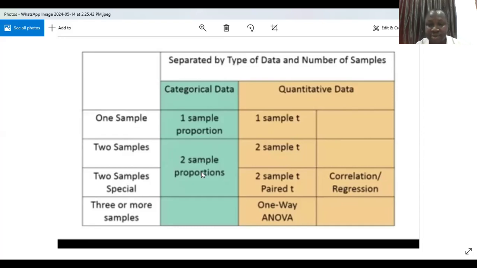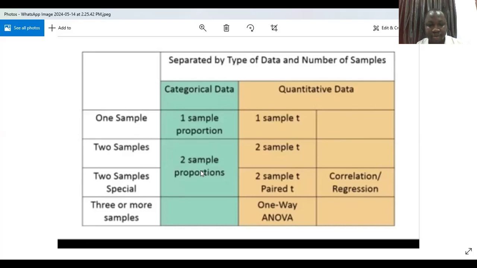This table will summarize everything for you, so it will be very easy for you to do anything that you want to do. I told you, when you have one sample categorical, one sample quantitative, then you have a one sample t-test. That is, you have one data set, you are comparing it against one global value.